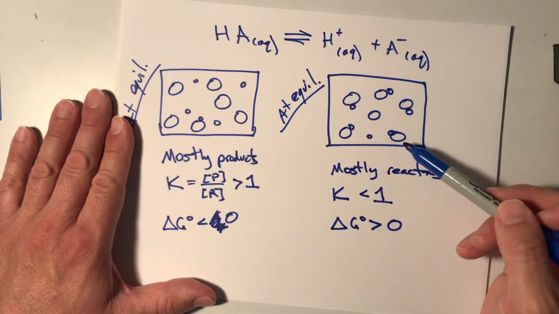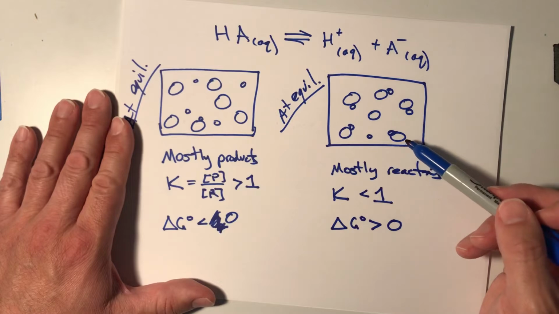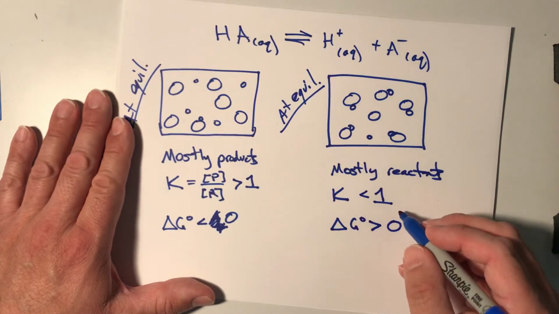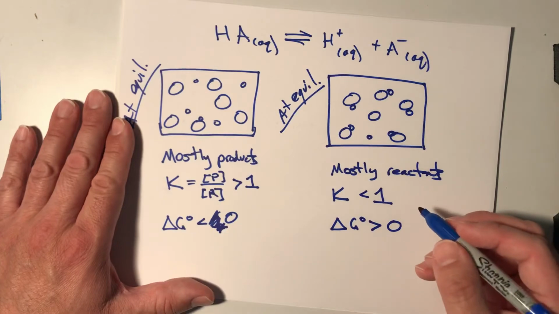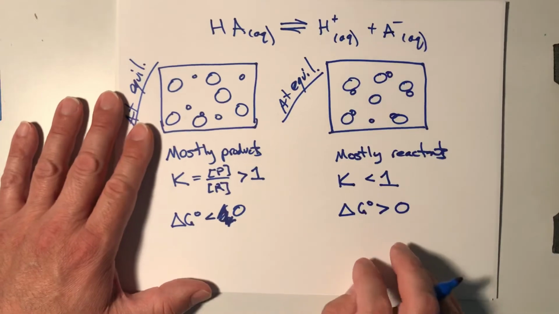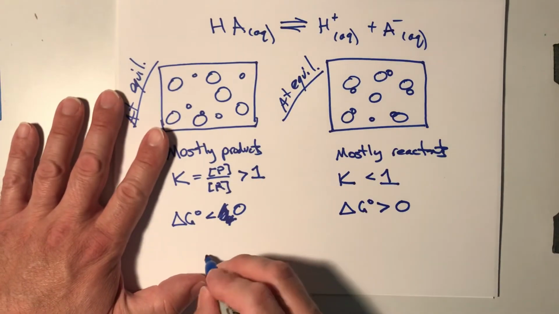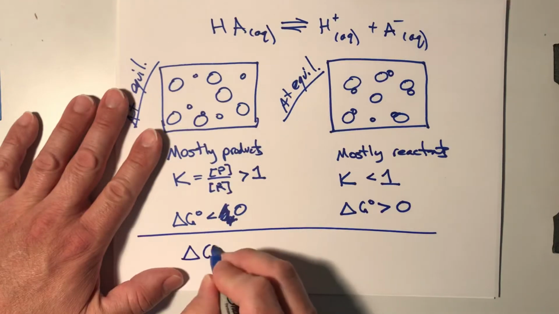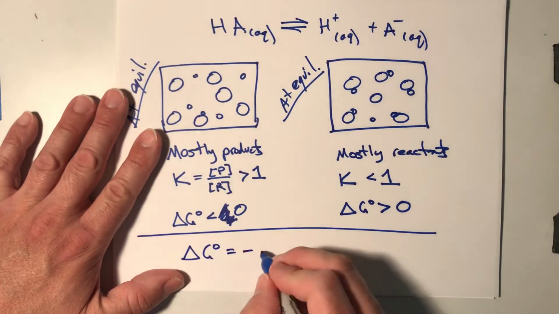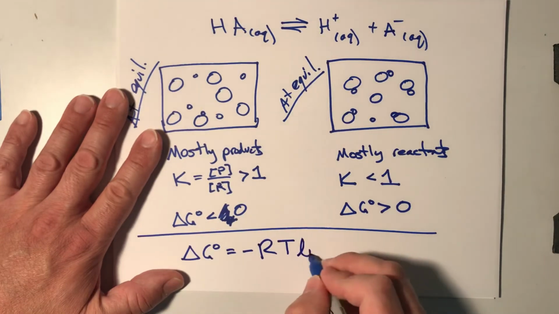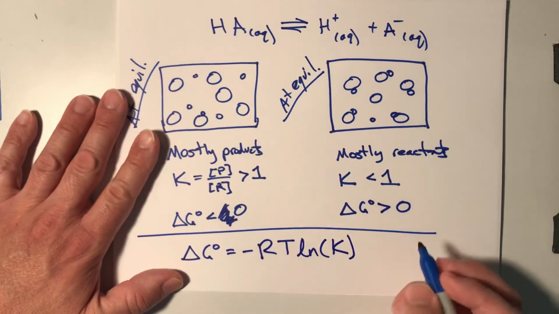So we're taking our previous understanding of delta G naught and our understanding of equilibrium, and combining them in such a way that they complement each other. We'll take this another step tomorrow, but for now we're going to introduce an equation that relates these. It turns out there is a simple equation: delta G naught is equal to negative RT times the natural log of the equilibrium constant.